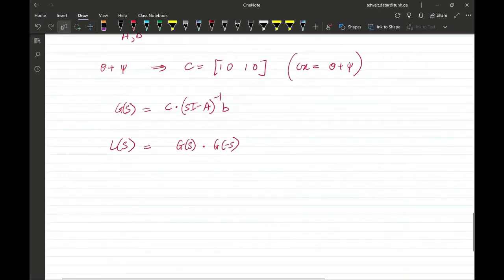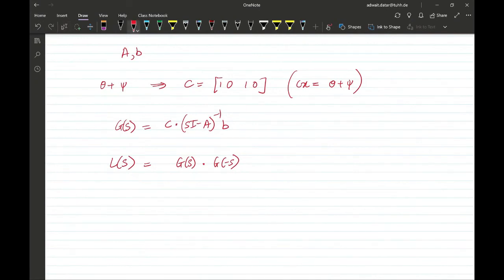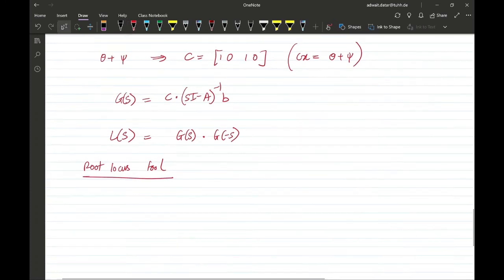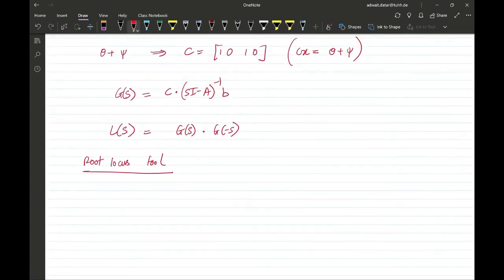Once we have L of s, we can use the root-locus tool to plot the closed loop optimal poles for our problem.